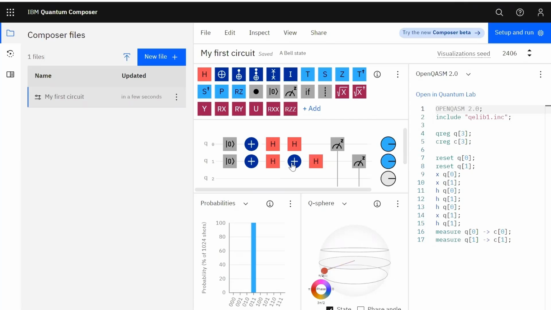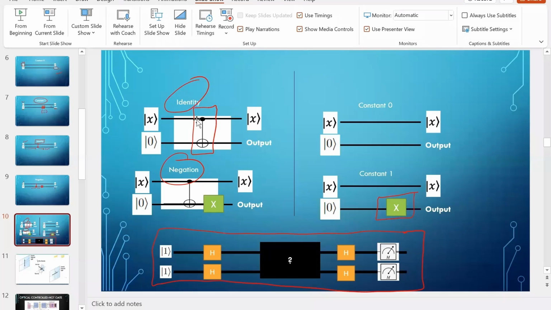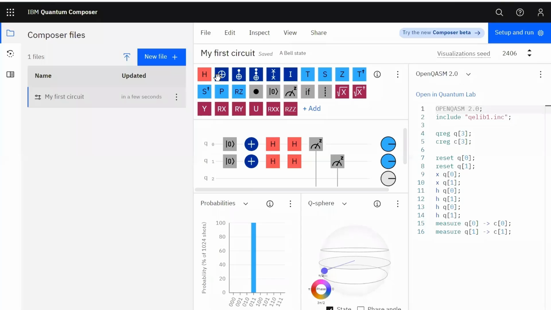So let's see if this is the case when we put the changing gates. So we will delete this one. The identity says just put a C naught, and for the negation add an X to this C naught. Let's do this.